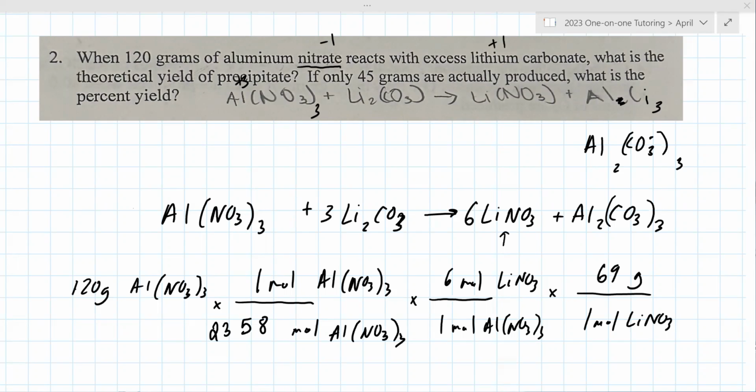Okay, so I got 21 for that, and we know that the answer is 65.9.